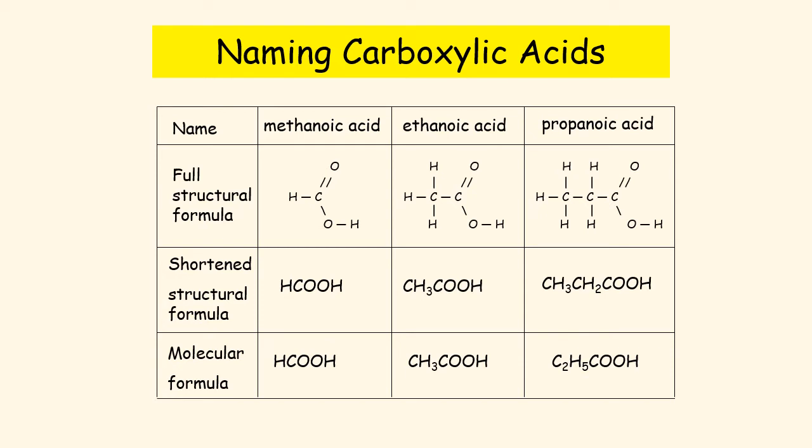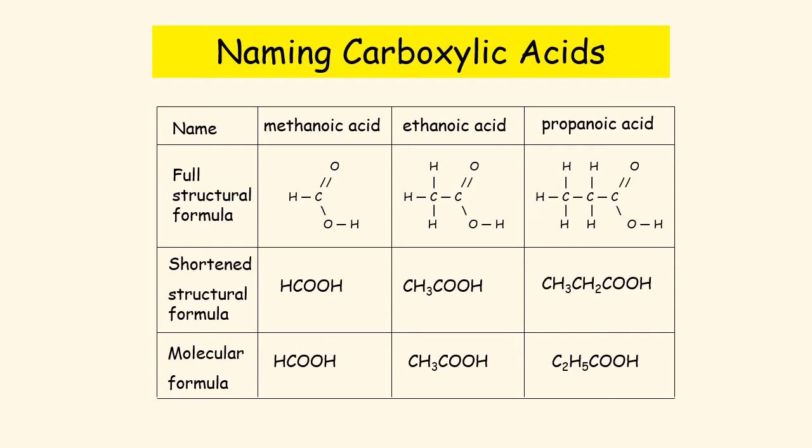Now, methanoic acid, the only carbon in methanoic acid is in the functional group itself, and then there is just a hydrogen bonded to it, and it is HCOOH. Ethanoic acid is CH3COOH.